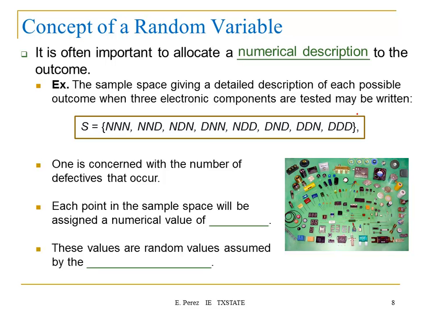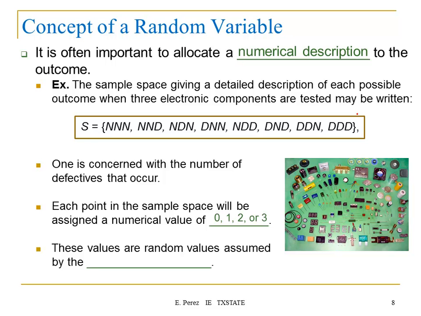Now, one is concerned with the number of defectives that occur. So let's say that's the information that we want to gather from this sample. So each point in the sample space will be assigned a numerical value. It could be 0, it could be 1, 2, or 3, right? Depending on the number of defectives. So this one will be 0, this one will be 1, and so on.